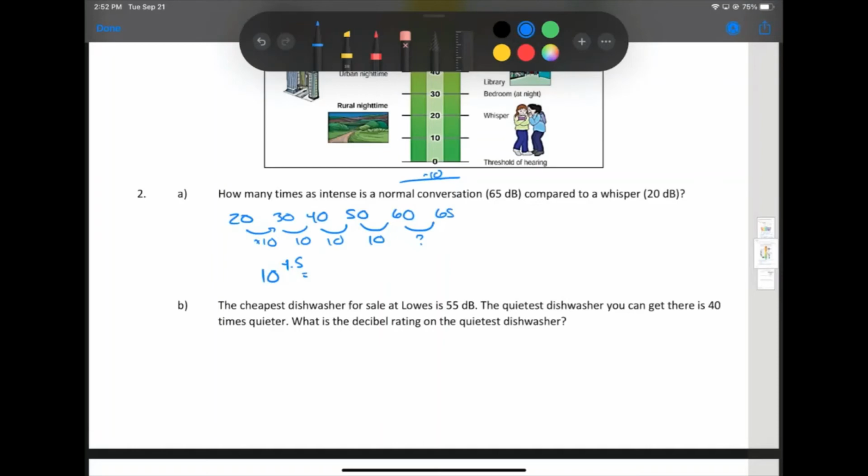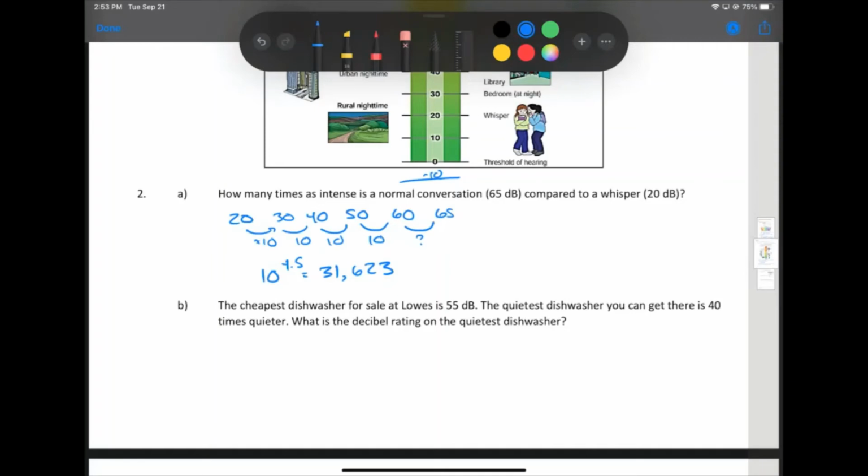And 10 to the exponent 4.5 is 31,623 times as intense. So even though it's only 45 decibels higher, it's 31.6 thousand times louder as far as sound intensity goes.